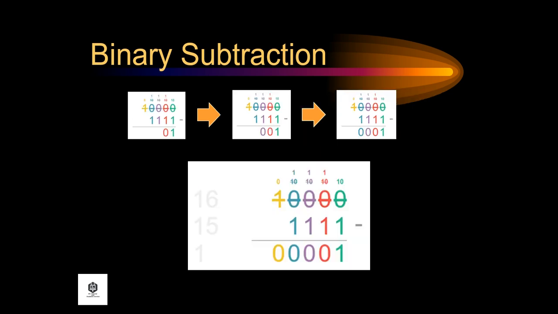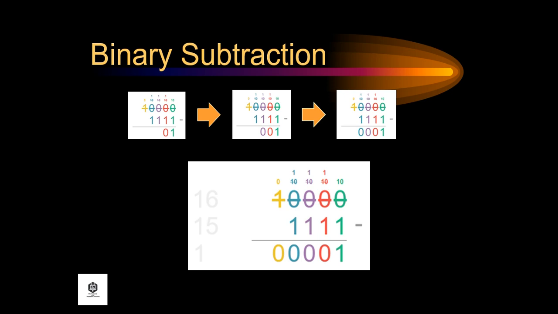Then the next column becomes 10 because of the borrow, and 1 minus 1 is equal to 0. For the third column from the right, from being 0 it becomes 10, and then borrowed by another column, it will be 1. 1 minus 1 is still 0.